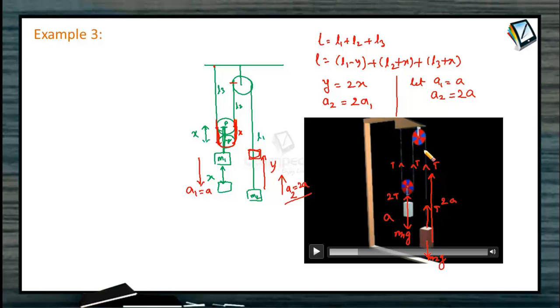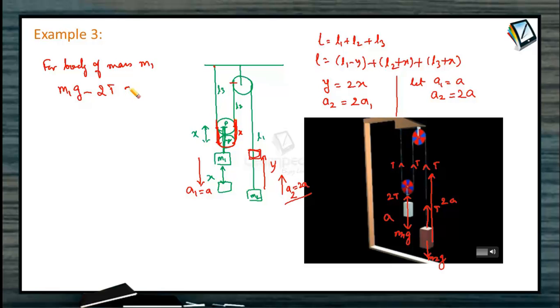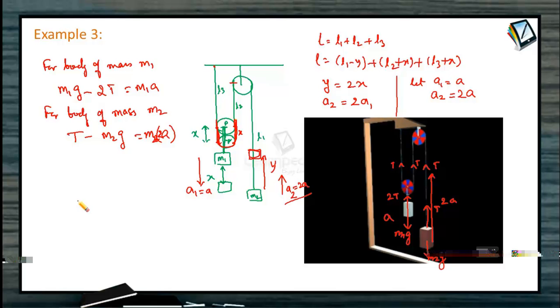This tension t. So we can write for the body of mass m1, m1g in the downward direction: m1g minus 2t is equal to m1a. For the body of mass m2, we can write t minus m2g is equal to m2 into 2a, because the acceleration of this mass m2 is twice the acceleration of this body.